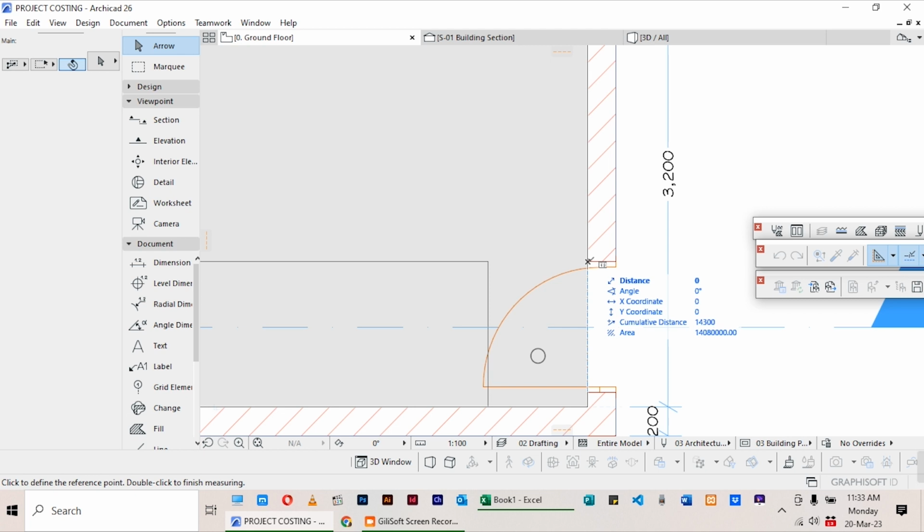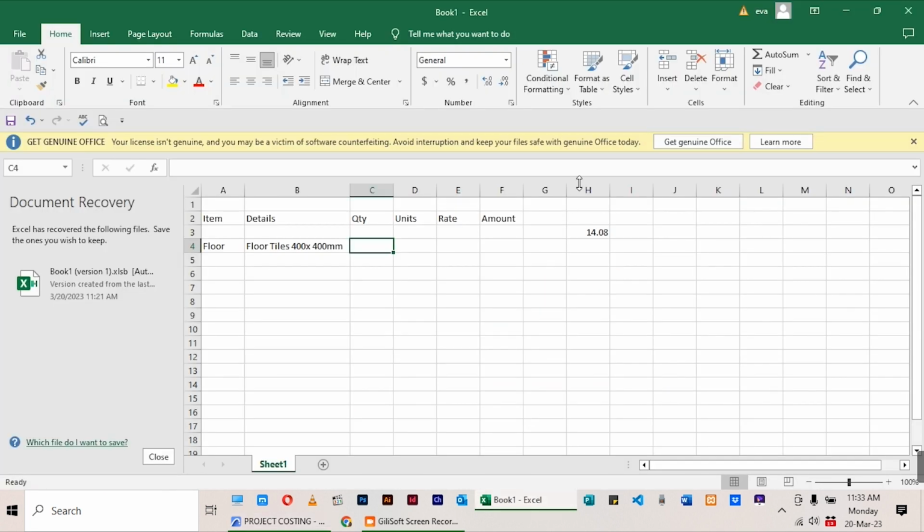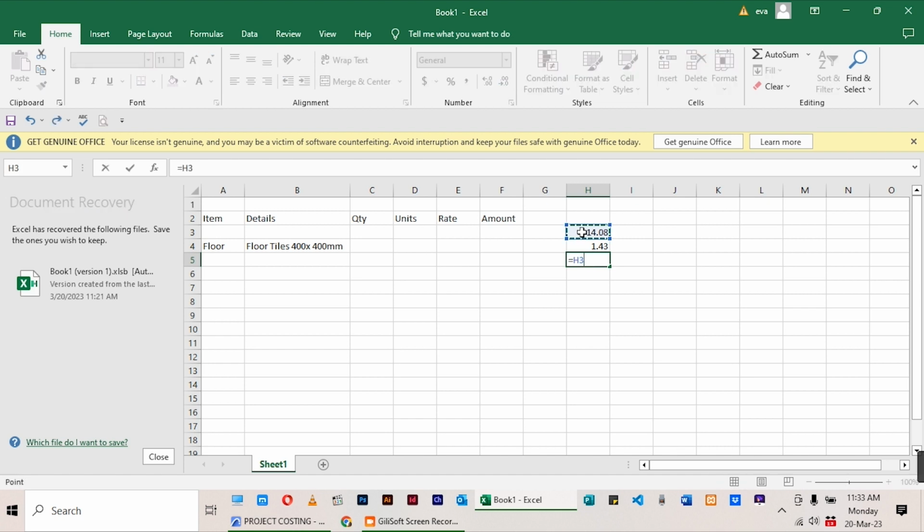If you divide by 1,000, you get 14.3 meters. And in order to convert this into square meters, you divide by 1,000, you get 1.43. So come here, 1.43, get the sum.